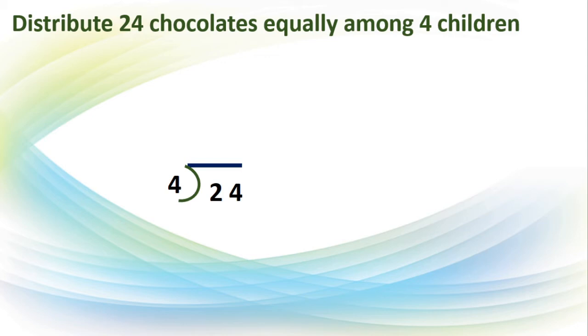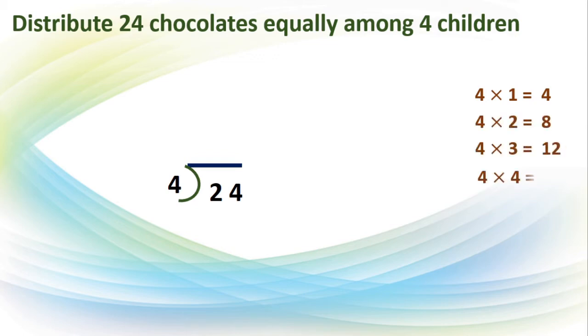Now we will go through 4's table, up to 24 or the number nearby 24. So 4 1s are 4, 4 2s are 8. You know the table, correct? 4 4s are 16, 4 5s are 20, 4 6s are 24. Yes, we got 4 6s are 24.